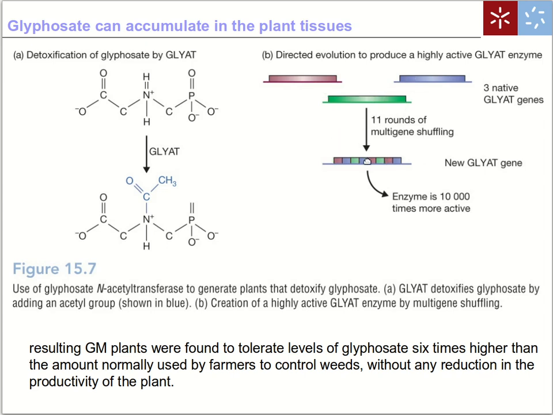From this diverse pool of new GLIAT genes, one that was thousands of times more active was isolated. This is a very powerful method, and it's been used in other situations as well. This enzyme was able to create glyphosate resistant plants that could tolerate high concentrations of glyphosate, 6 times higher than necessary. I'm not sure that this has been commercialized yet, but it's probably in the future.